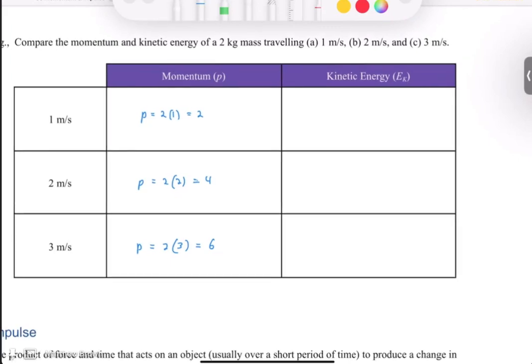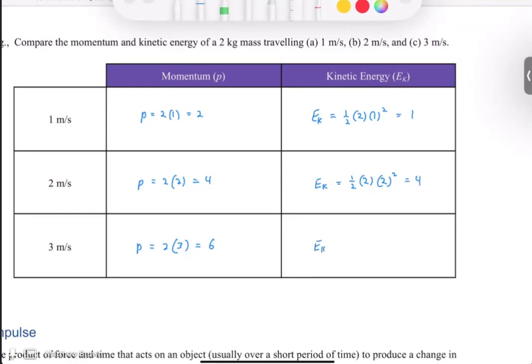Versus if we look at kinetic energy, EK would be 1/2 m v squared. So for 1 meter per second, the 1/2 and 2 just cancel out and give you 1, so it's really just v squared, which is 1. For 2 meters per second, EK is 1/2 times 2 times 2 squared, so we go to 4.